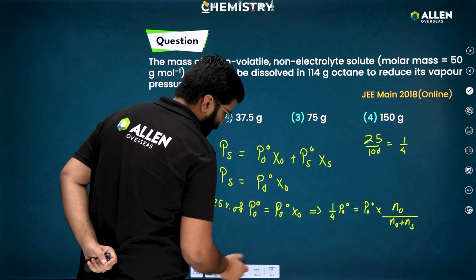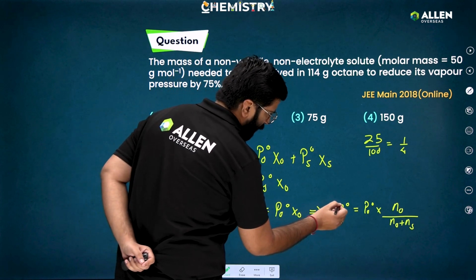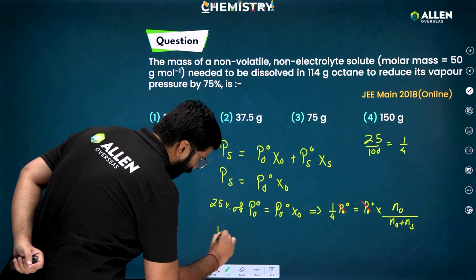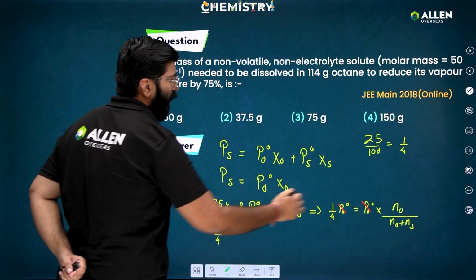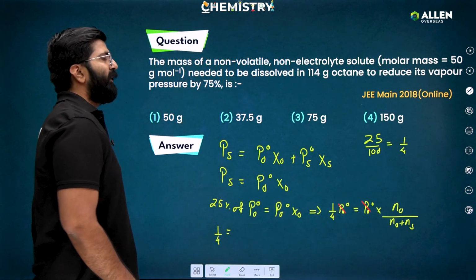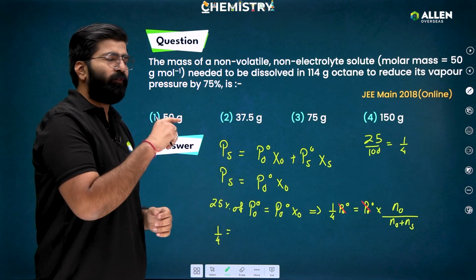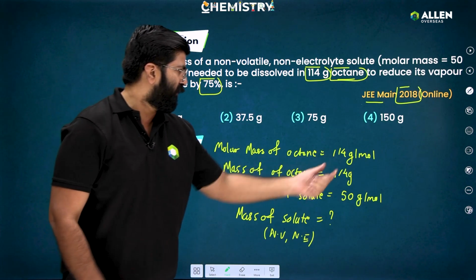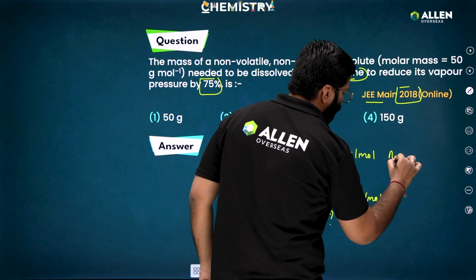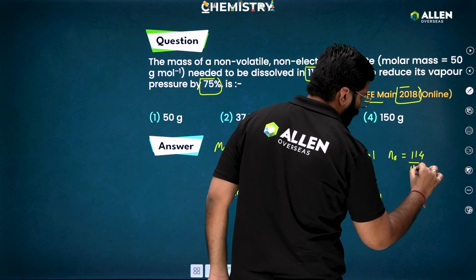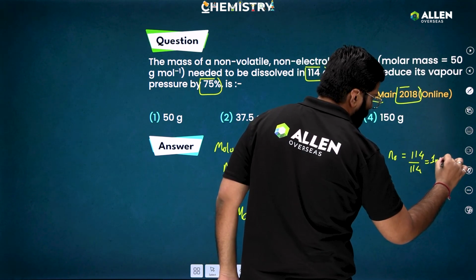Over here, P naught O is going to get cancelled, and I can write 1 by 4 is equal to the number of moles of octane upon the total. The number of moles of octane is given mass upon molar mass, which is 114 upon 114, so 1 mole.